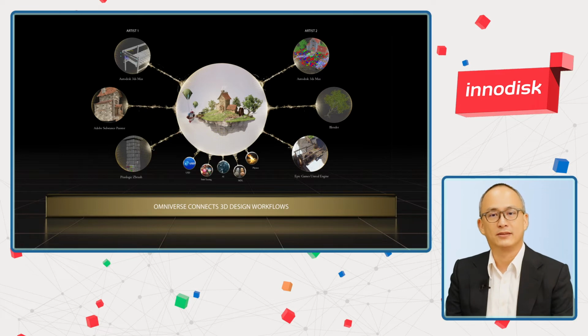Let's take a look at this block diagram, for example. You see, there are two artists. They are working on 3D designs using different 3D applications on the left-hand side and the right-hand side. With Omniverse, now they can merge their work into one, and they can talk to each other, do the updates and modifications, and share with each other in real time.